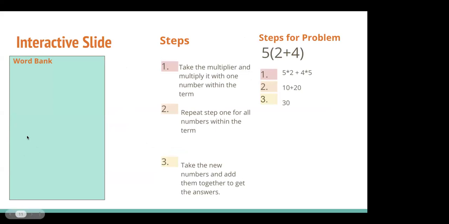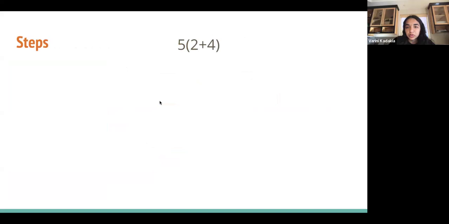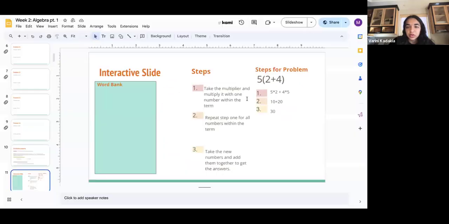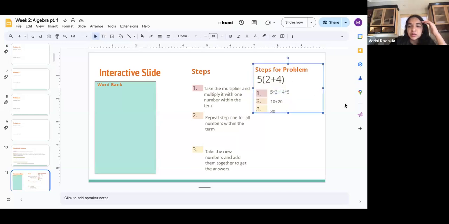Okay, so this is how to think about it. First, we'll take the multiplier and multiply it by one of the terms within there. So it's gonna look like this. We're gonna do 5 times 2 plus 4 times 5.